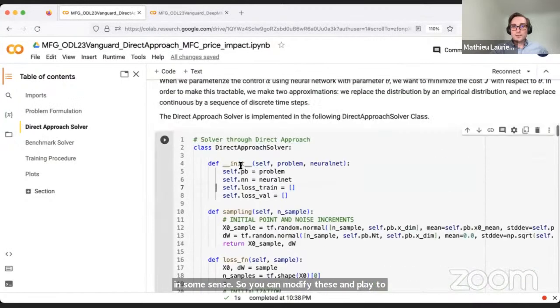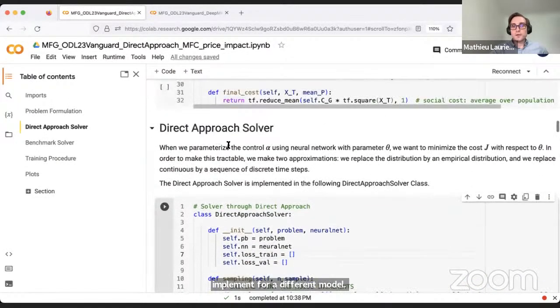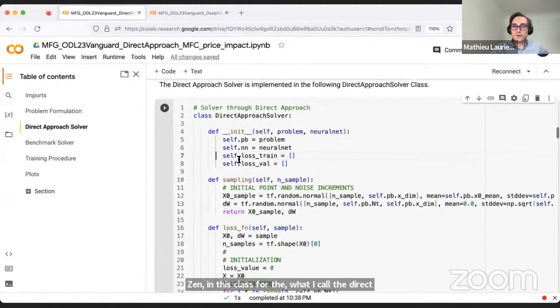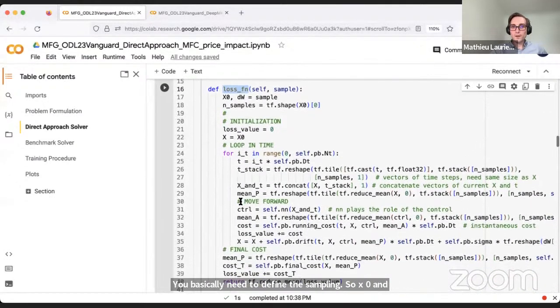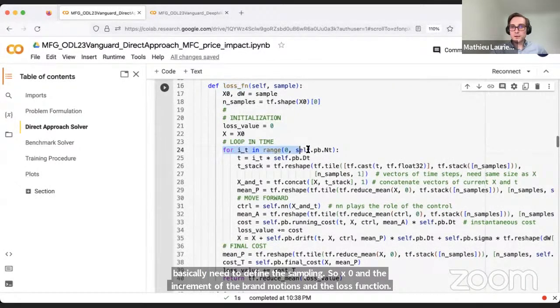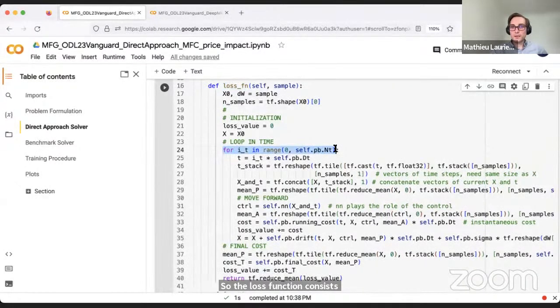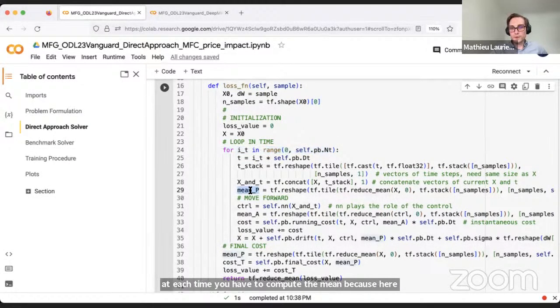Then in this class, for what I call the direct approach, because there is no optimality condition, you need to define the sampling, so x0 and the increments of the Brownian motions, and the loss function. The loss function consists of a loop in time where at each time you compute the mean, because here the interaction is through the mean, and you compute the cost by calling the problem class defined above, with the running cost.